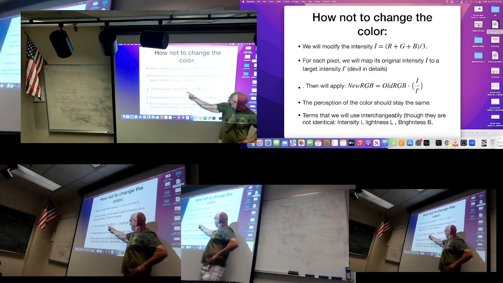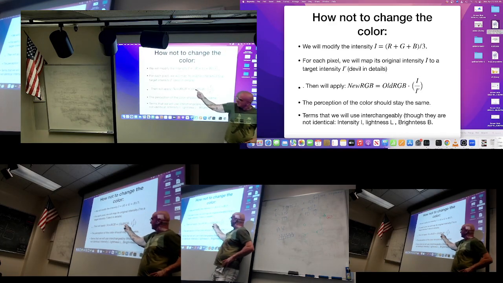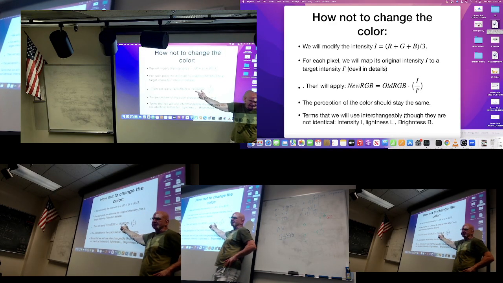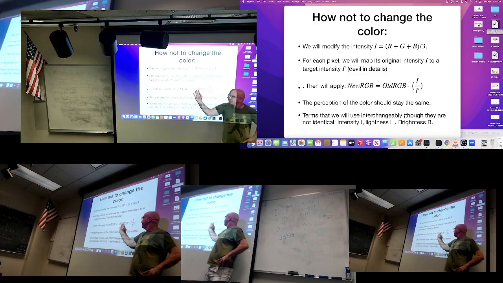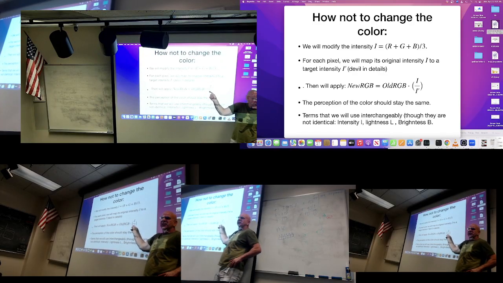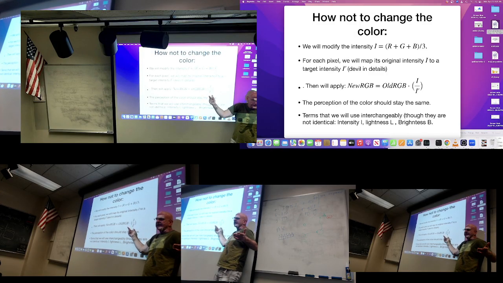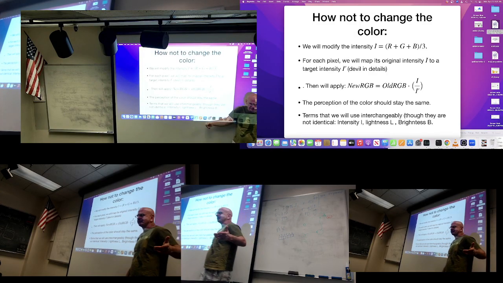And now the new RGB is just whatever the old RGB was, those 3 numbers, times the ratio between the target intensity and the old intensity. Okay, so if the old and the new are the same, then the RGB just stays the same.